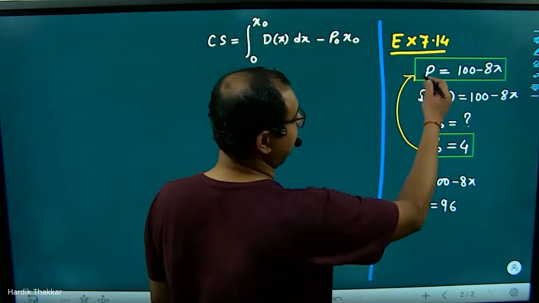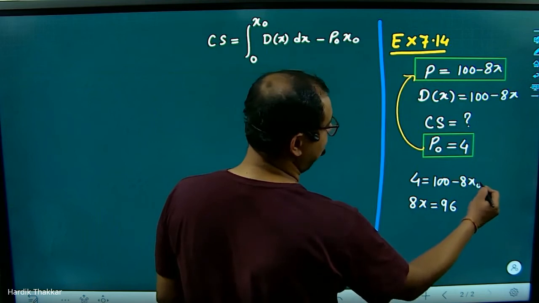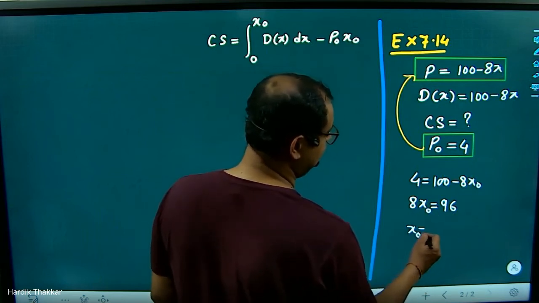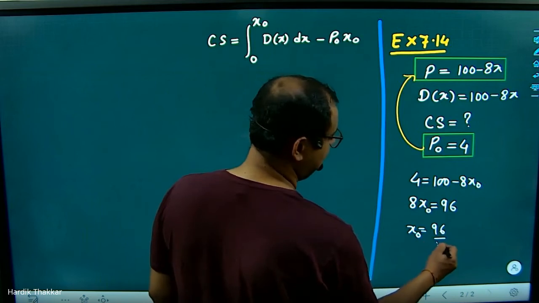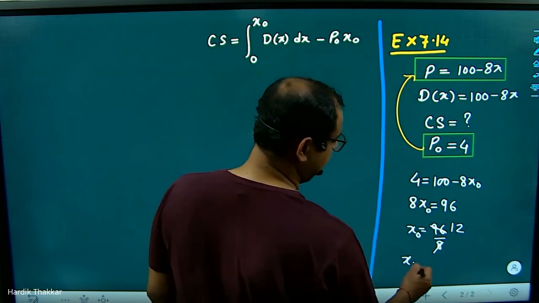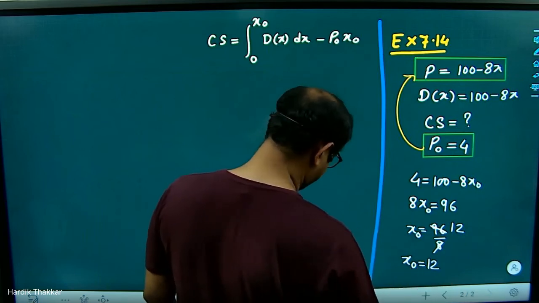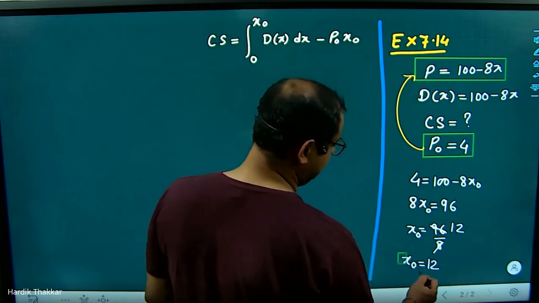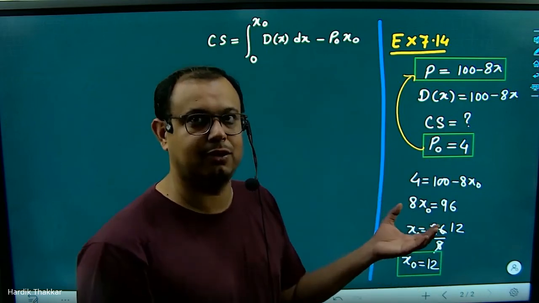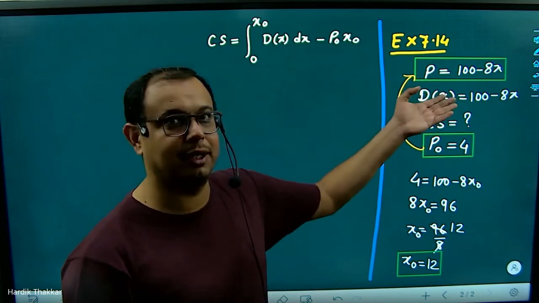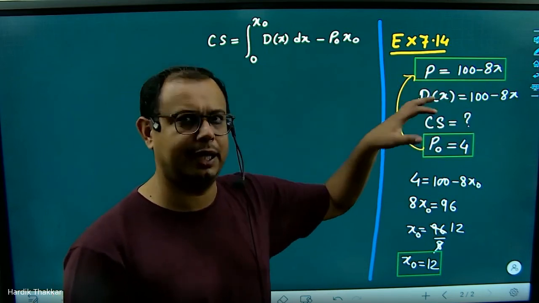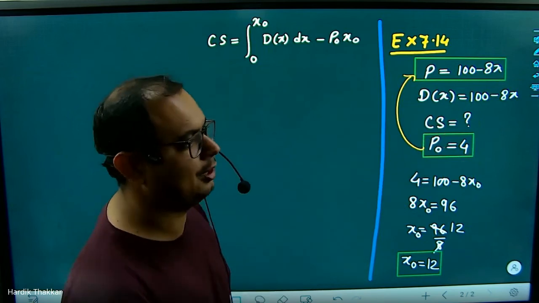When we put p naught in place of p, the value of x will be x naught. So x naught will be equal to 96 upon 8, so x naught is equal to 12. Whenever p naught is given, just put the value of p naught in the demand function and you will get x naught. Similarly, if x naught is given and you have to calculate p naught, just put that value in the demand function, or in the case of a supply function, put it in that.